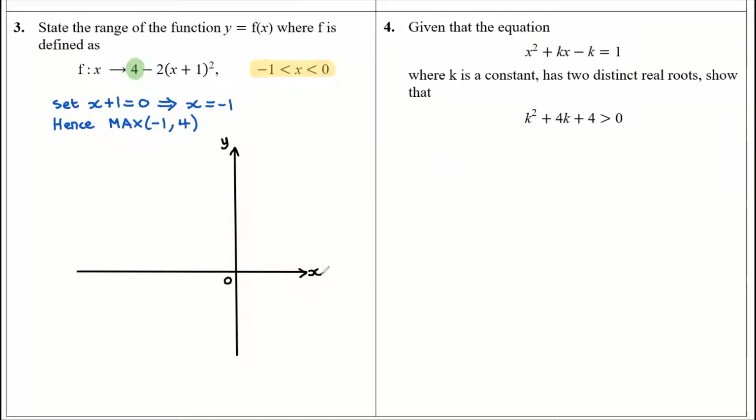Between -1 and 0, we're going to go from about here, the 0 being the origin, and we have a maximum at 4, which will be up here. At -1, that's where the mirror line is. So at this point (-1, 4), that's where we have the mirror line. So it's the right-hand side of this parabola that we're interested in.